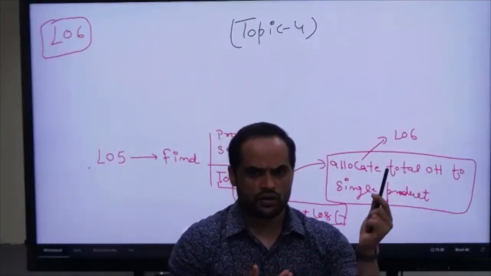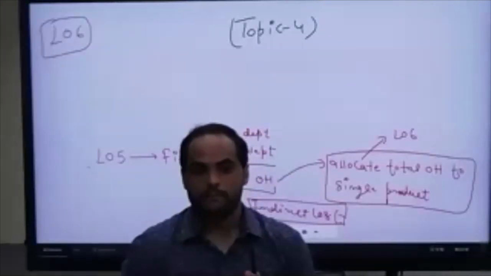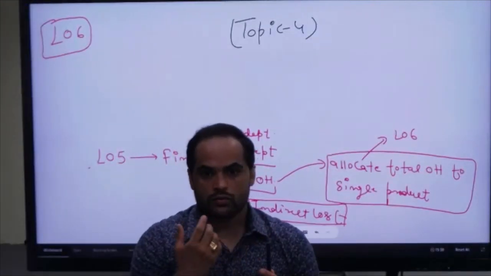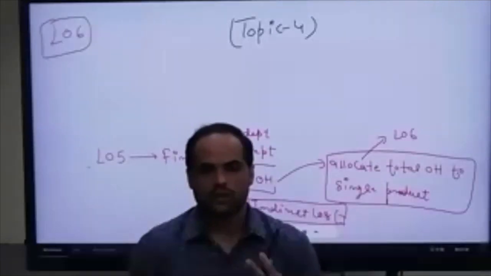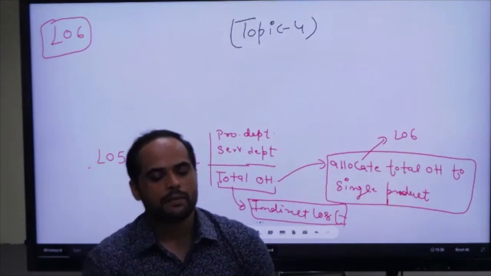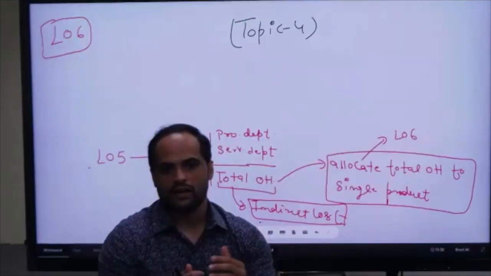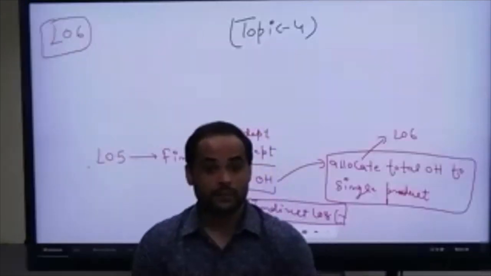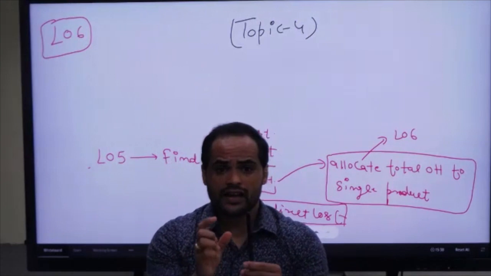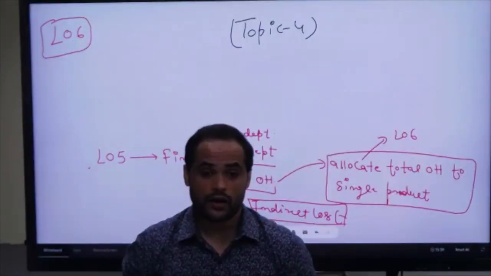Let's say the worker produces two products, this kind of pen. 2 is the quantity of product the worker is producing, multiplied by the wage that we are paying the worker. So let's say we are paying $50 per product. So 50 multiplied by 2, $100 is the direct labor cost. Easy to identify, right?